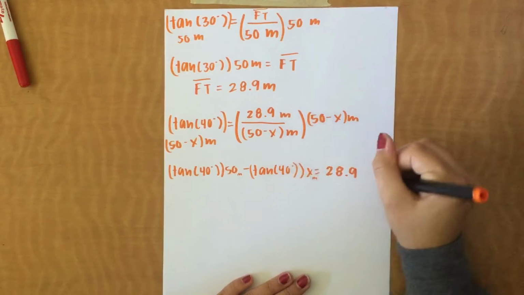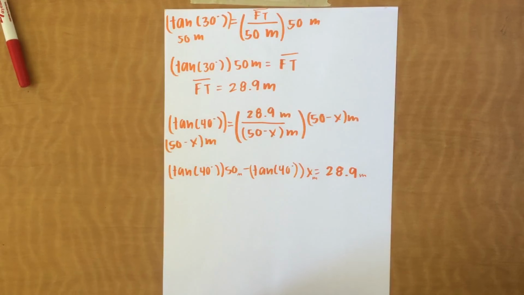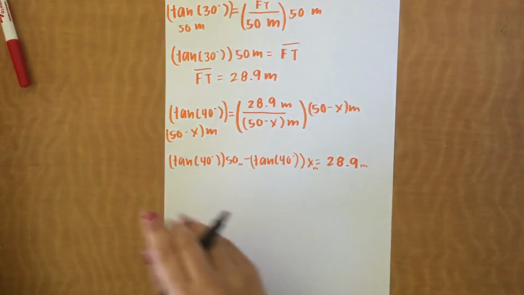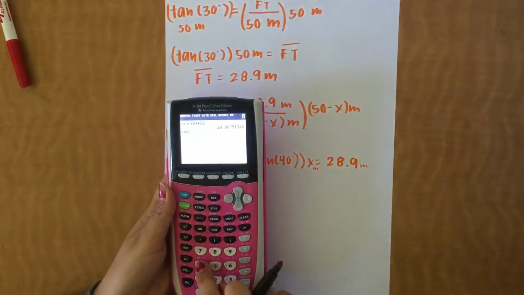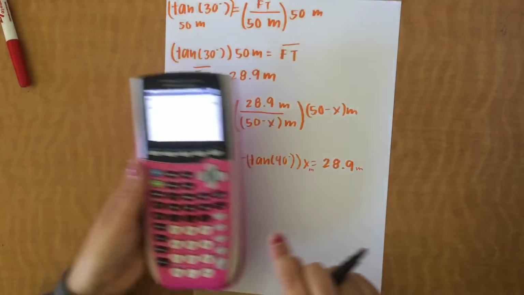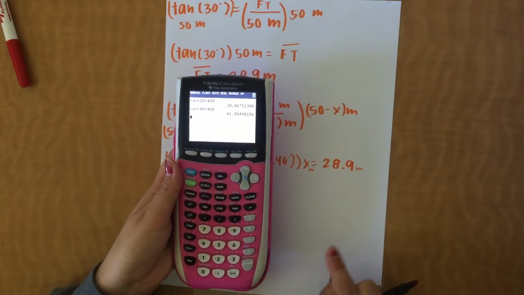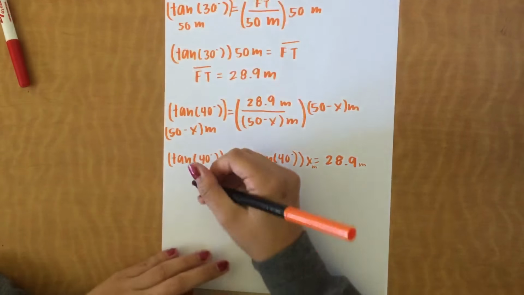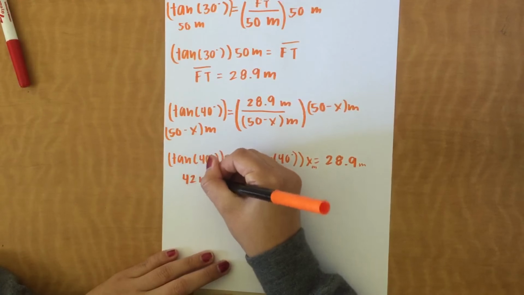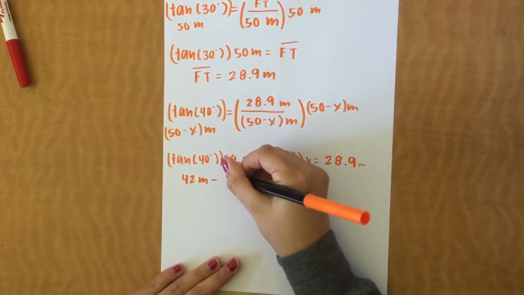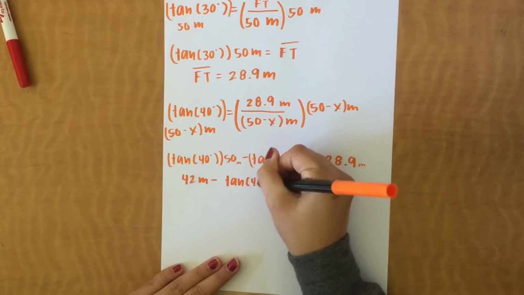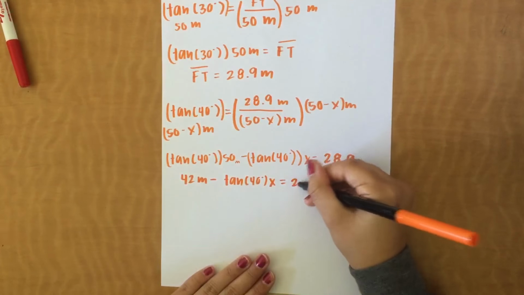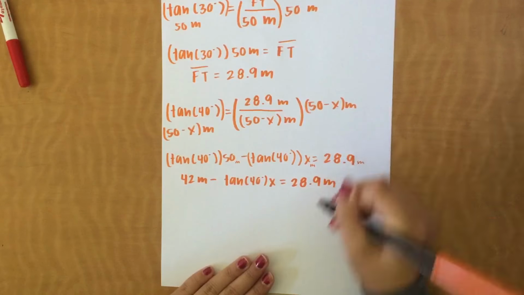We have a meter here and a meter here. Then we'll have to get back our calculator. Tangent of 40 times 50 is 41.95. I'll just round it to 42. So 42 meters minus tangent of 40 degrees times X is going to equal 28.9 meters.